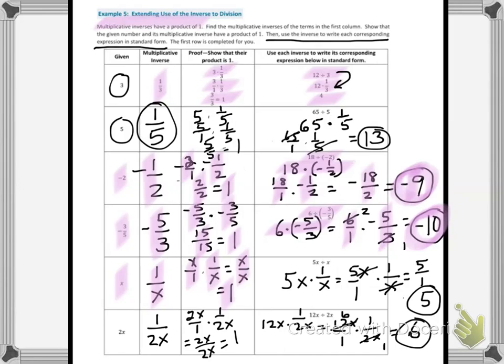Okay? Y over y, z over z, 2x over 2x, 5 over 5, 9 over 9, all equal to 1. If I go ahead and apply that over here, I have 5x divided by x, which is the same as 5x times the reciprocal of x, which is 1 over x. And then I have 5, very careful putting these together because I've made this mistake myself in the past.